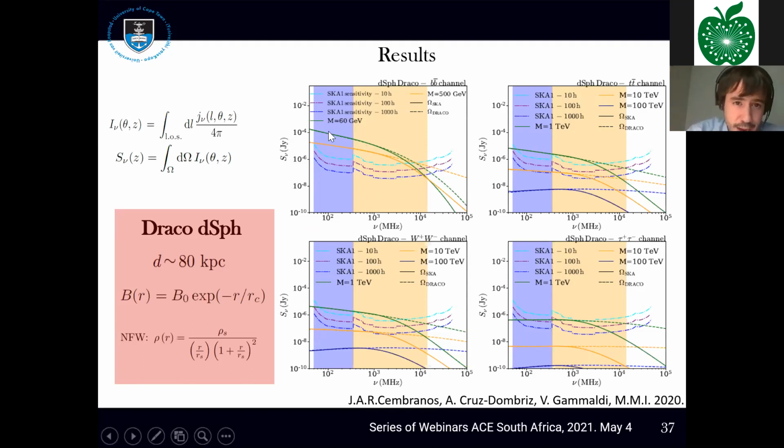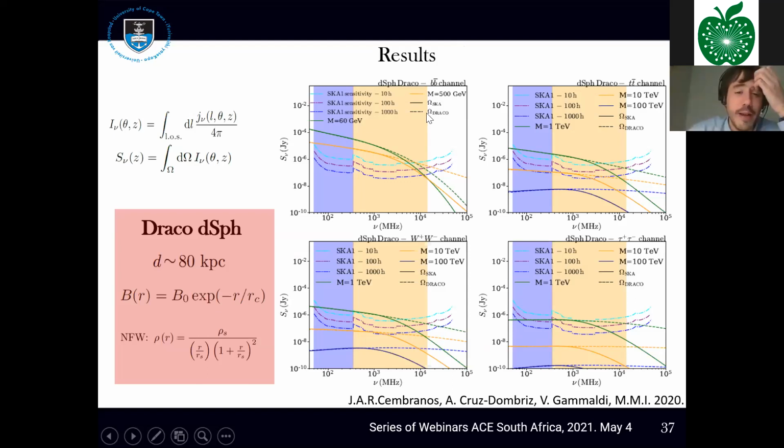Here, the blue band refers to SKA1 Low, and the orange line is for SKA1 Mid. We also consider the field of view of the SKA, and the angle of Draco.